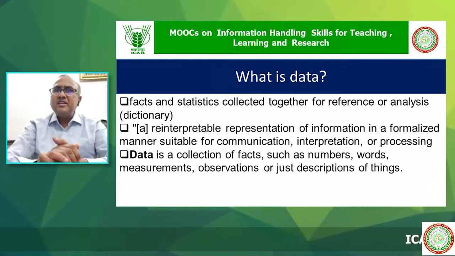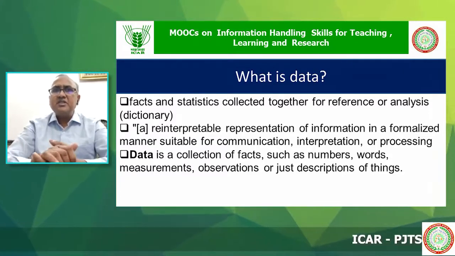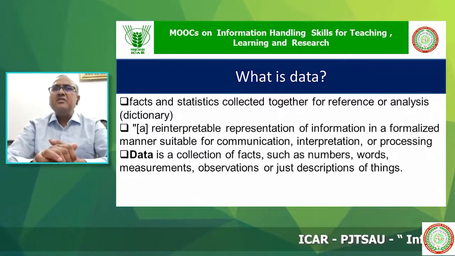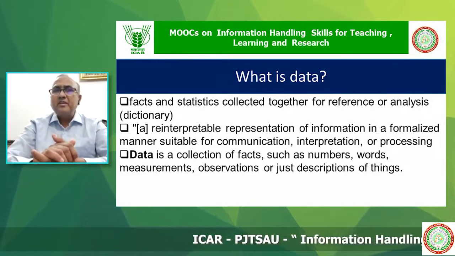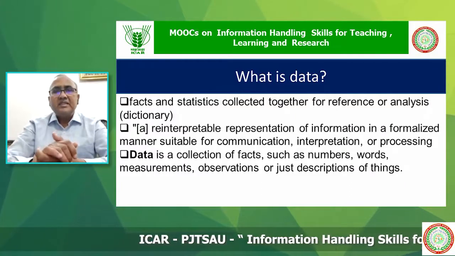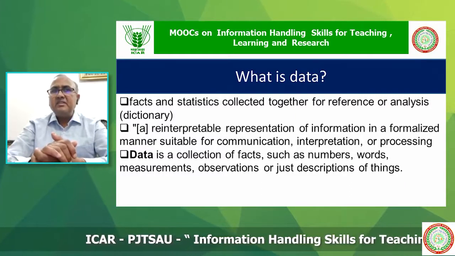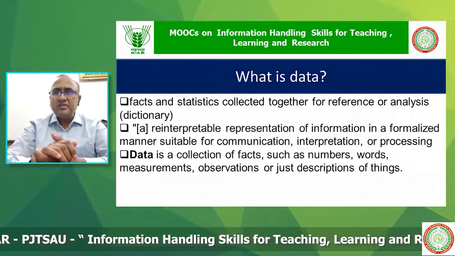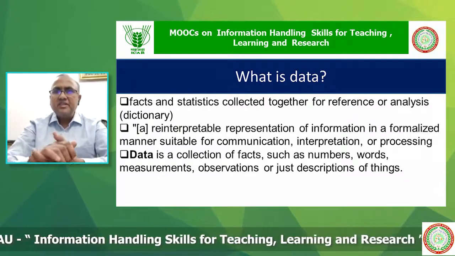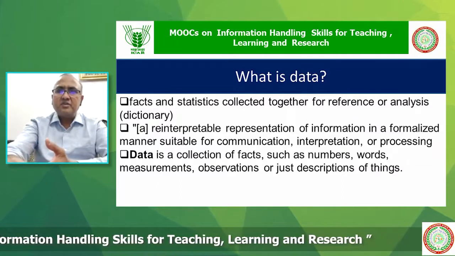Data is also considered a collection of facts such as number, words, measurement, observation, or just various kind of descriptions. So data is basically a collection of facts based on different activities, different research, and all those kind of programs.